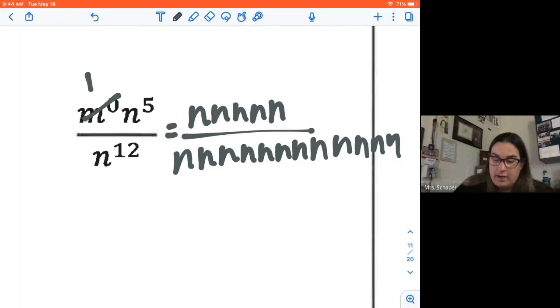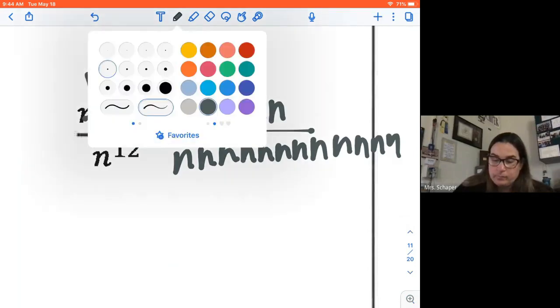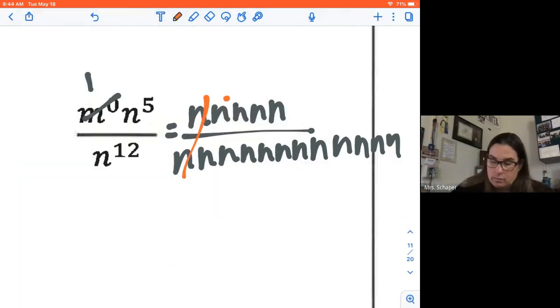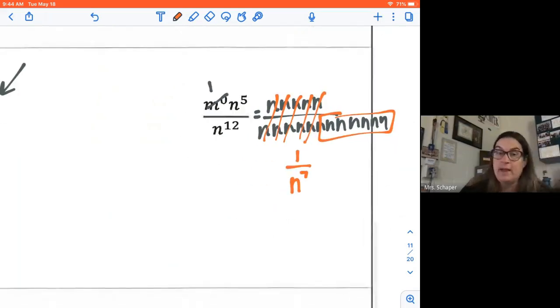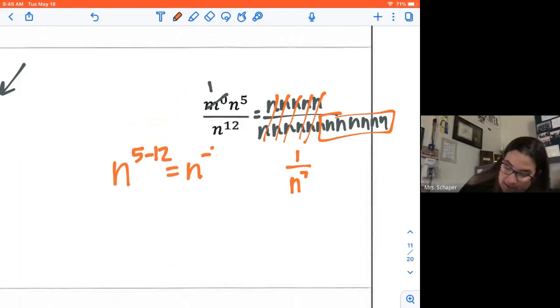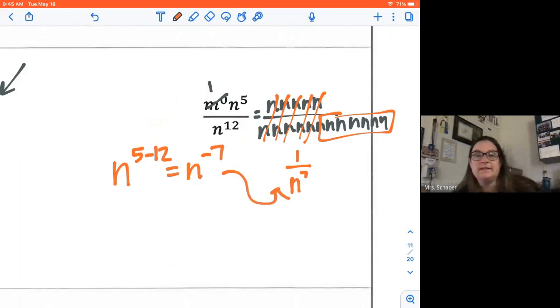And if I go through and I cancel those, I'm left with 7 in the denominator. So it's 1 over n to the 7th. If you are using our rules from last time, you took n to the 5 minus 12, which is n to the negative 7. And to make it positive, you move it to the denominator.